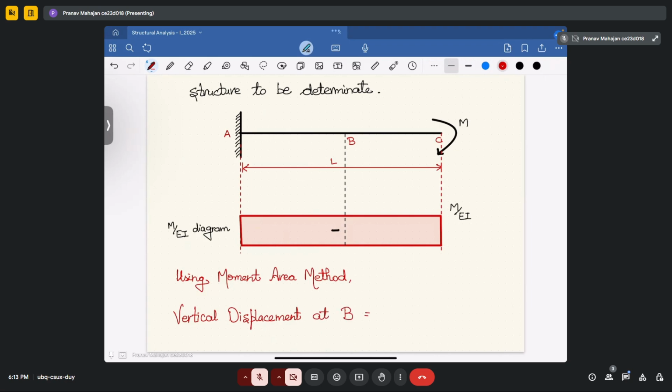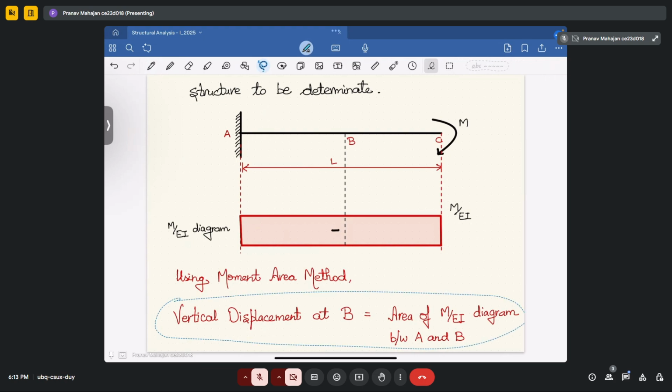will be equal to area of the bending moment diagram between A and B, and it's multiplied by the corresponding moment. Okay, so I will write here area of M upon EI diagram between A and B. Let's write this in the next page.